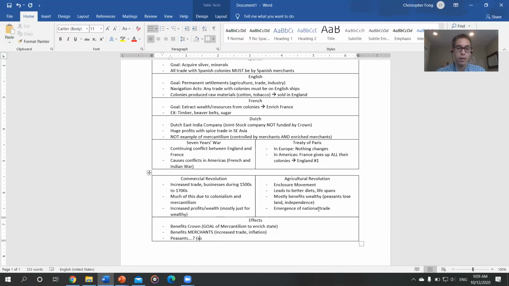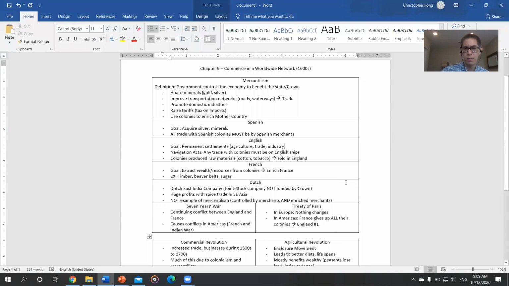So they have some new work plus better diets, but you also see increased poverty as they're kicked off of their land. And again, that's a trend that we'll see throughout this course of who benefits and who doesn't. Who benefits from colonialism, who benefits from mercantilism, who benefits from this economic boom? It's not really the peasants, it's mostly the wealthy.